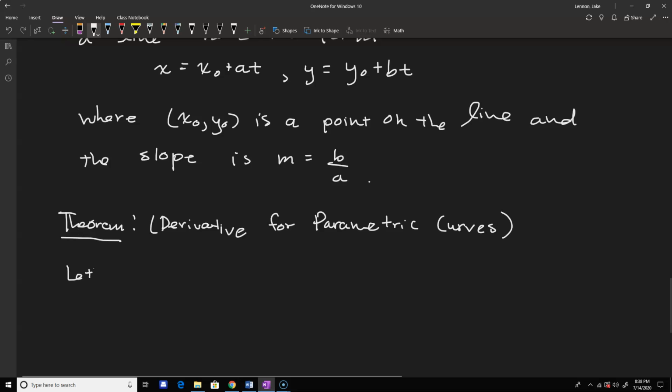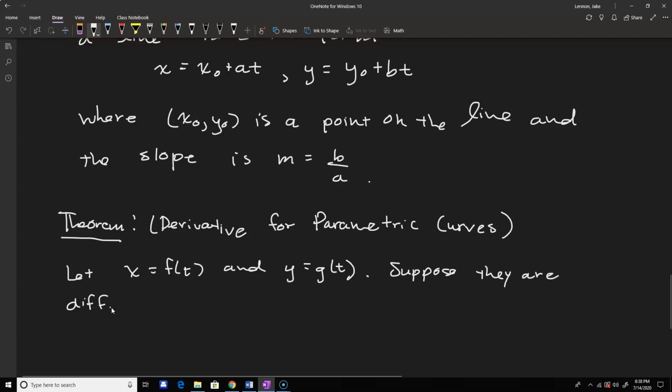So let x equal some f of t and y be some g of t. Suppose they are differentiable for t in the interval a to b.